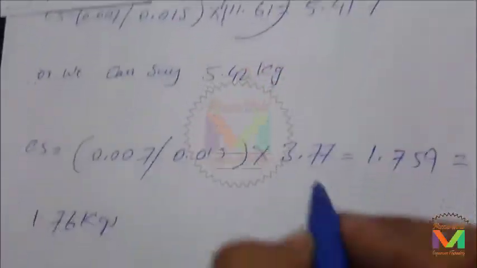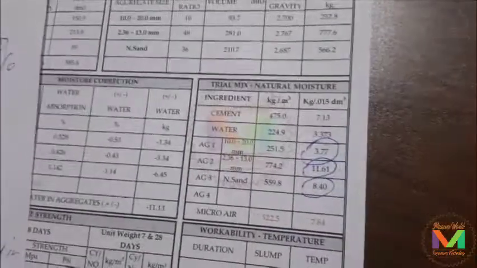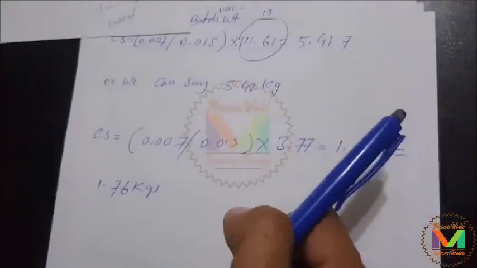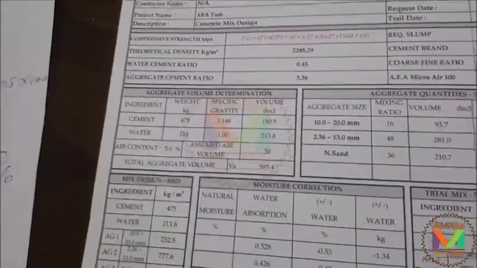And we got 3.77, which is the 20 mm aggregate, and we did our trial based on this. I hope this is sorted out.